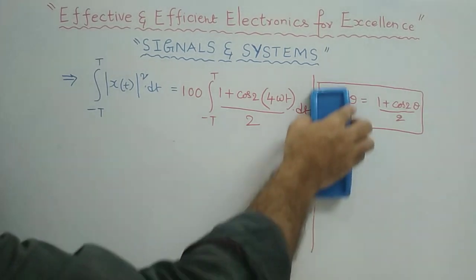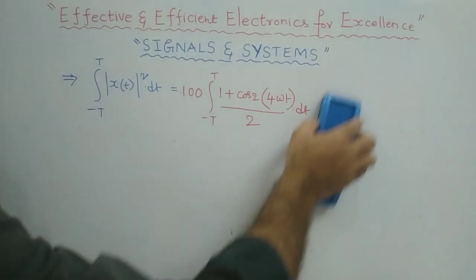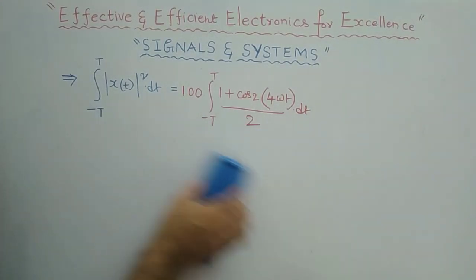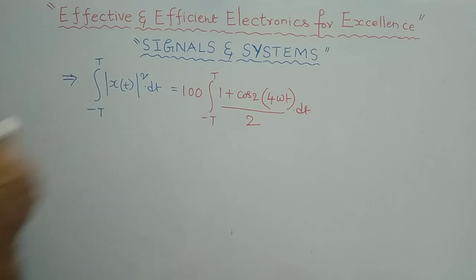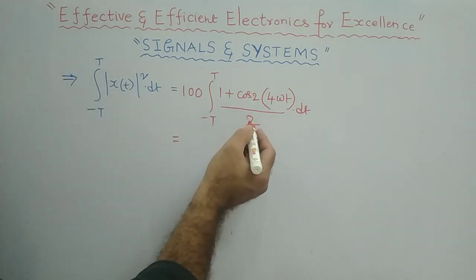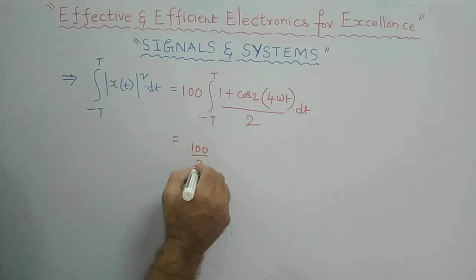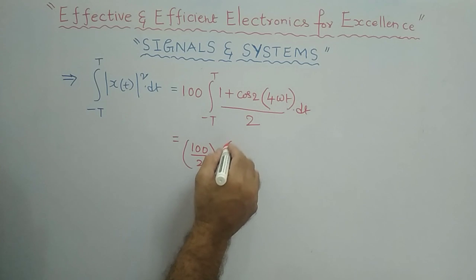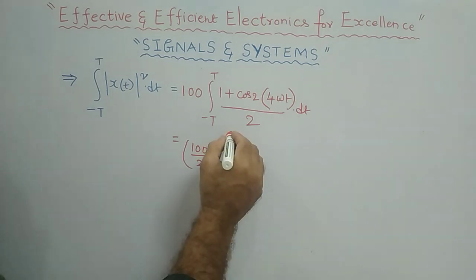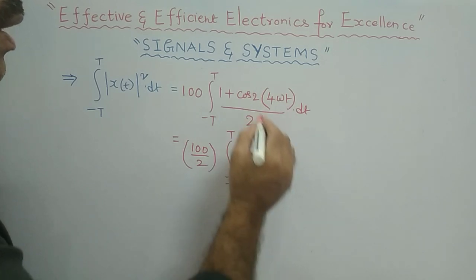Very simple. It is nothing to feel difficult. Okay, it's very simple actually. And further this can also be written as the next step. This is equal to, now it is by 2. Take the 2 outside, then you can write it is 100 by 2 basically. Okay, it is minus T to T. What is there? 1 plus cos of 2 into 4.